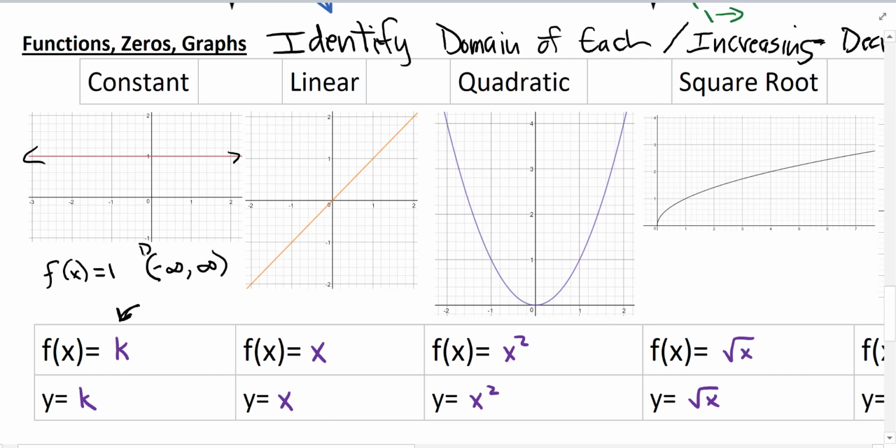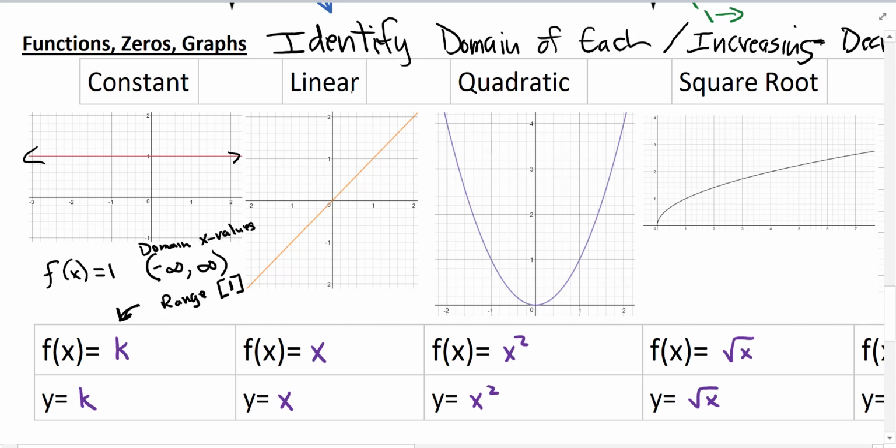Now that's the domain. Remember, the domain are the x values. If it asked about the range, well, the range, it's stuck. It's not going up or down. The range is just 1 in a bracket because it's touching 1.